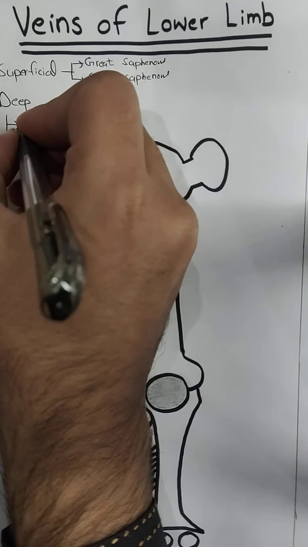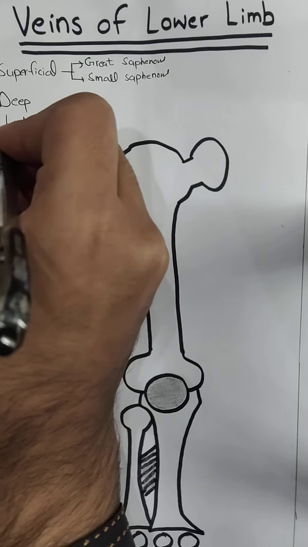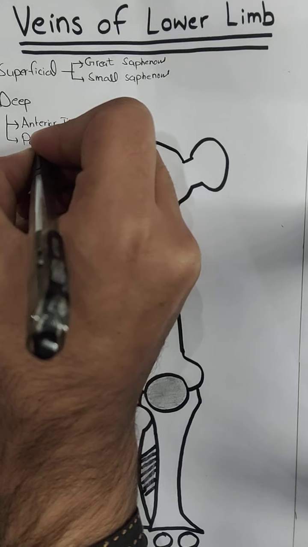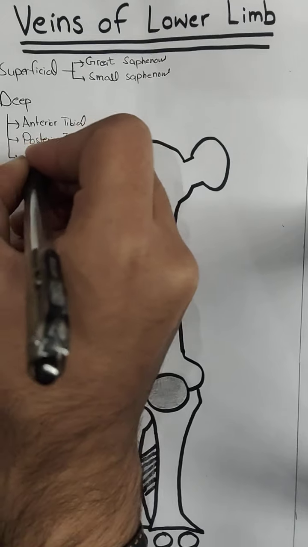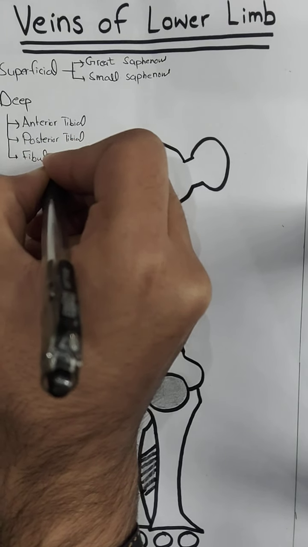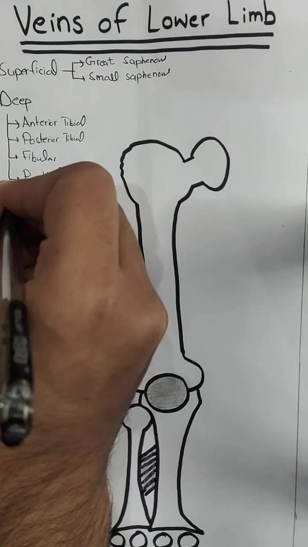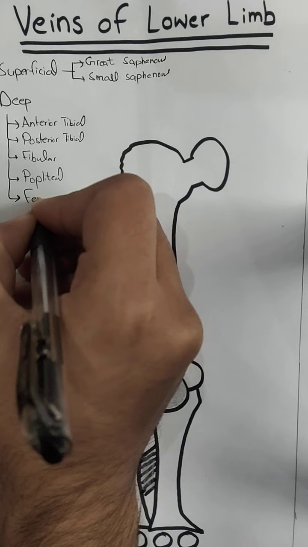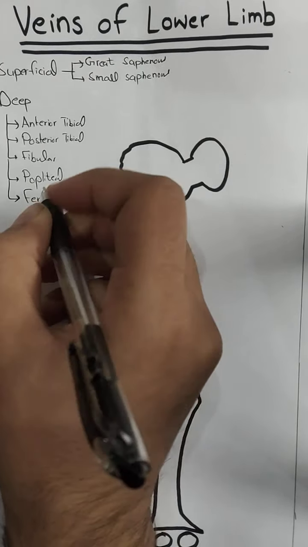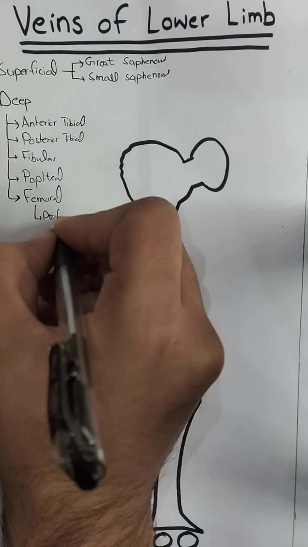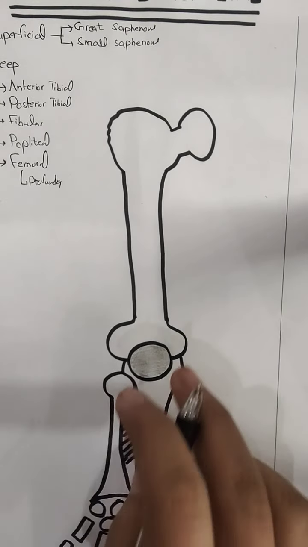So these include the anterior tibial vein, the posterior tibial vein, the fibular vein, the popliteal vein, and the femoral vein. And then there will be the profunda femoris and the circumflex femoral also, etc. All these. Okay. So now we will see the superficial veins on this diagram.